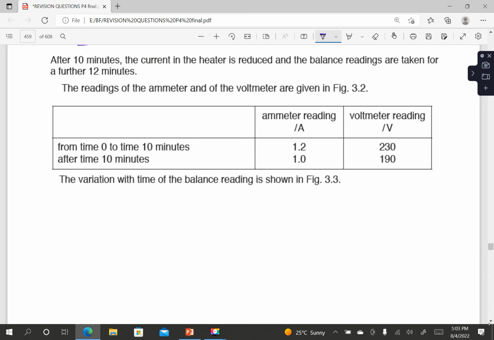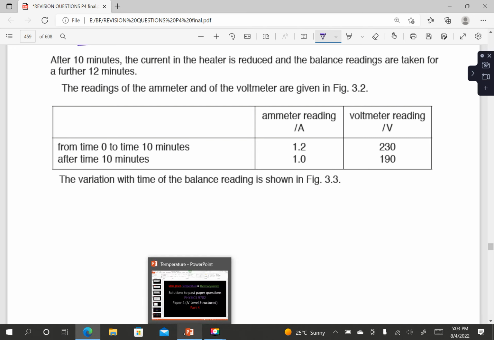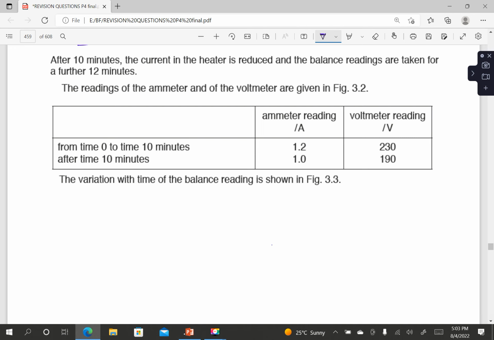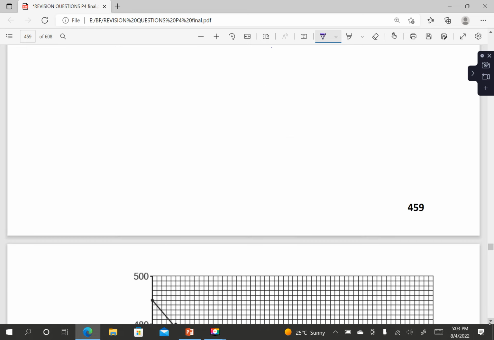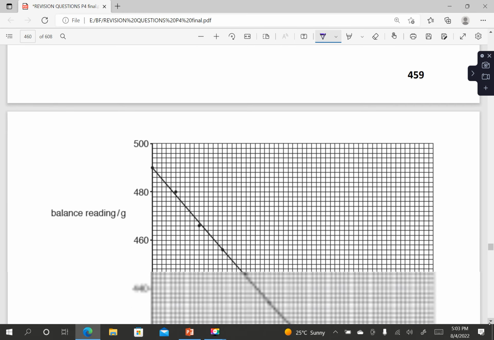So from t equals 0 to t equals 10, the ammeter reading is this, voltmeter is that. After 10 minutes, the ammeter reading is that. The variation with the time t of the balance reading is shown, so I think they have given us a graph on the next page.